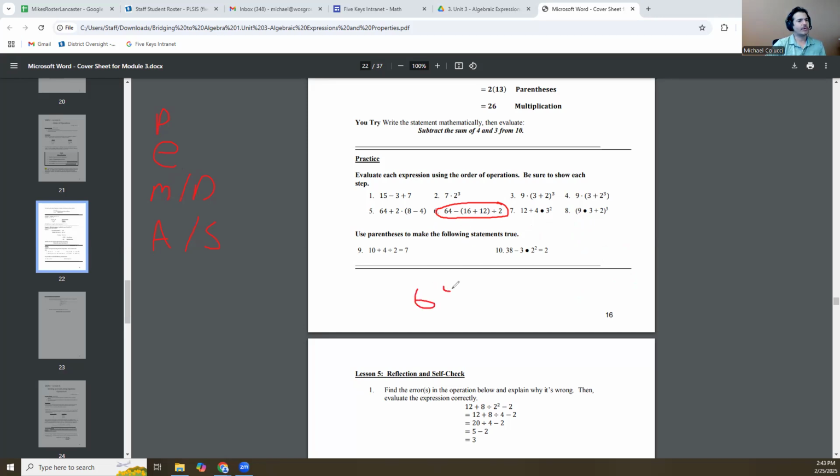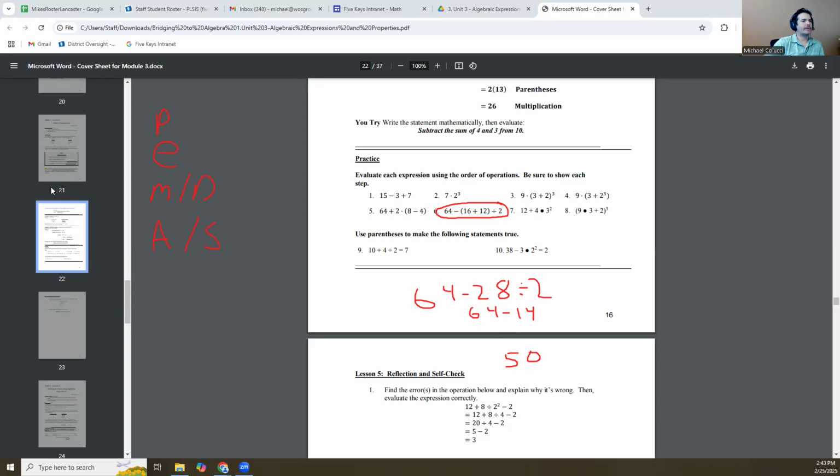So I have 64 minus 28 divided by 2. Now I have two operators, subtraction and division. Division comes before subtraction, so I'm going to divide. 28 divided by 2 is 14. And now I only have one operation, which is subtraction. 14 off of 64 is 50.